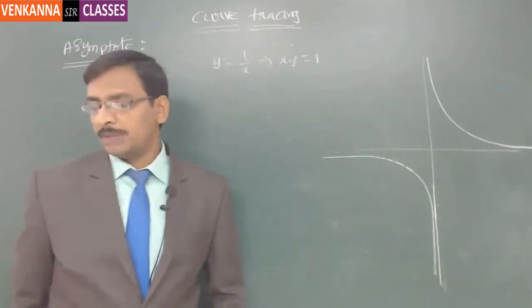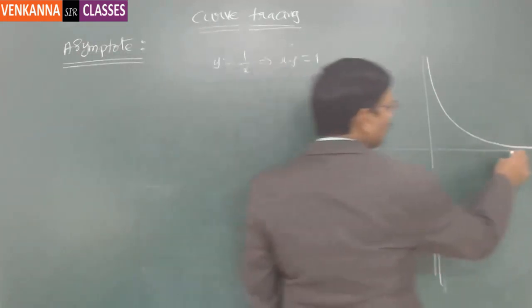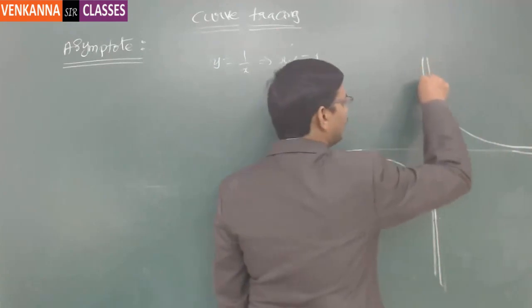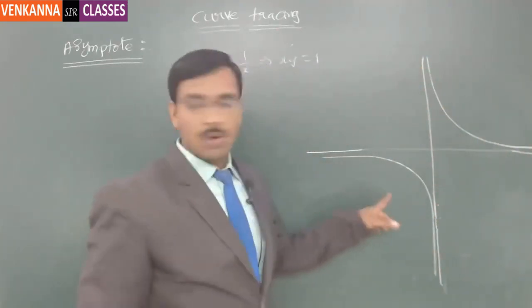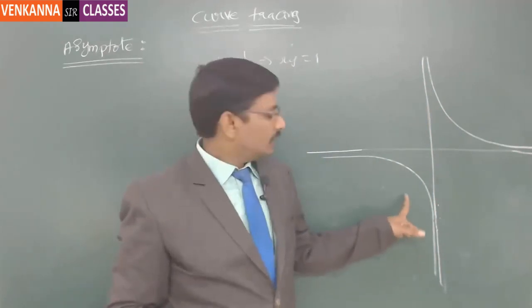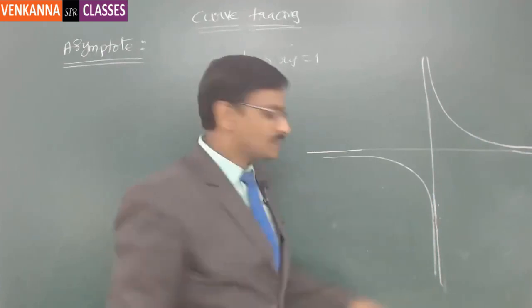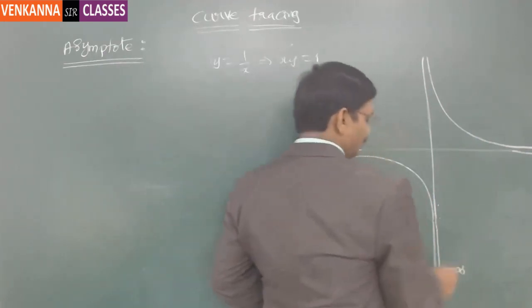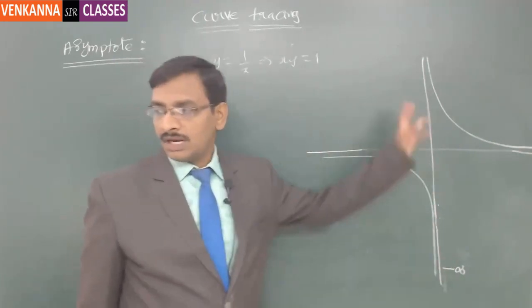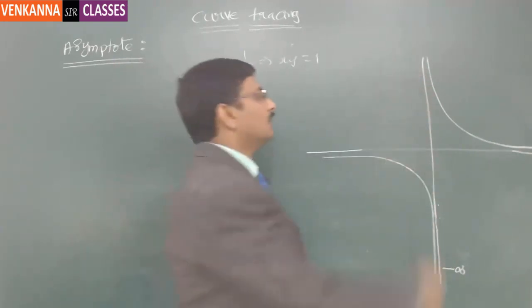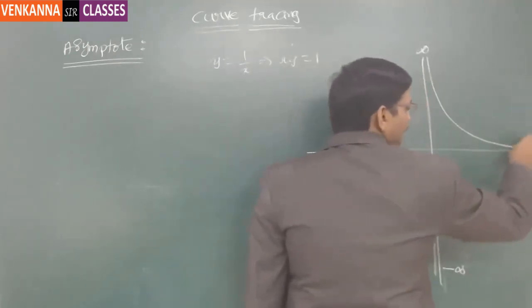For this particular shape, this line, the horizontal x-axis, and this line, the vertical y-axis, are bounding this curve. If you keep on drawing this particular curve to infinity or minus infinity, the curve and the line are going to join together, here at plus infinity and here at minus infinity of x.